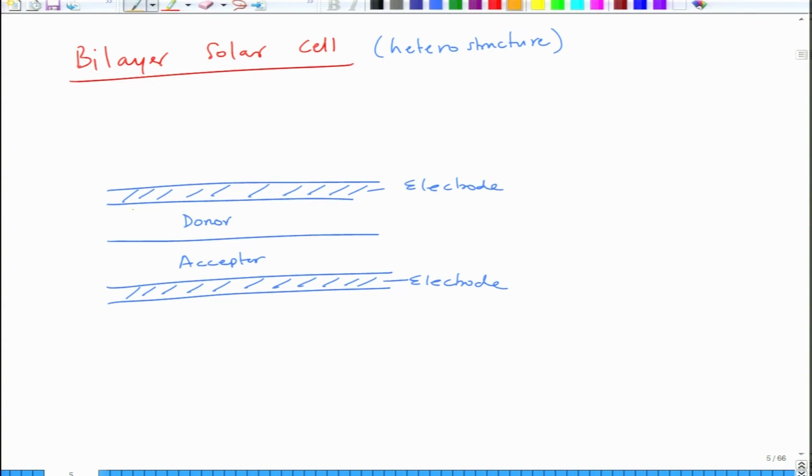In between you can also sometimes have carrier selective layers here and here.